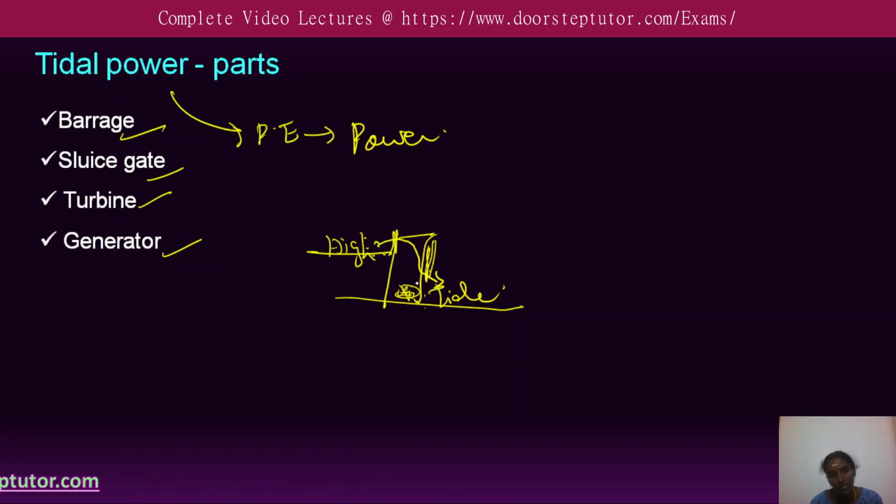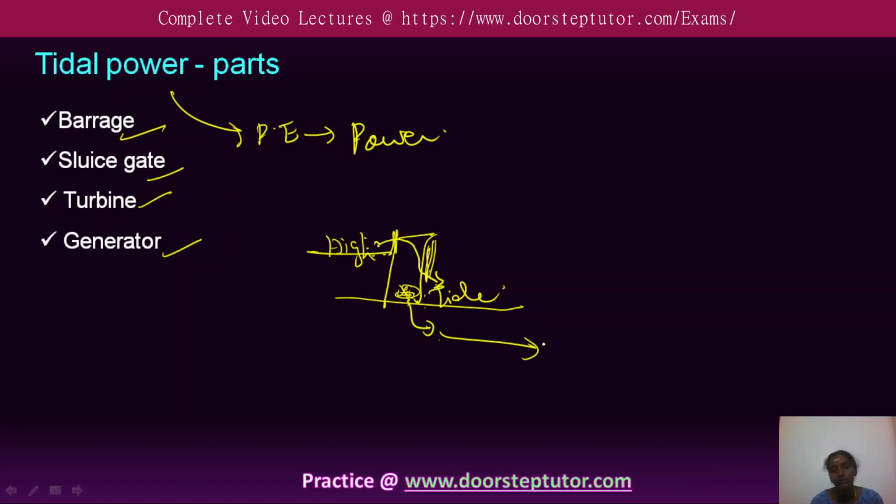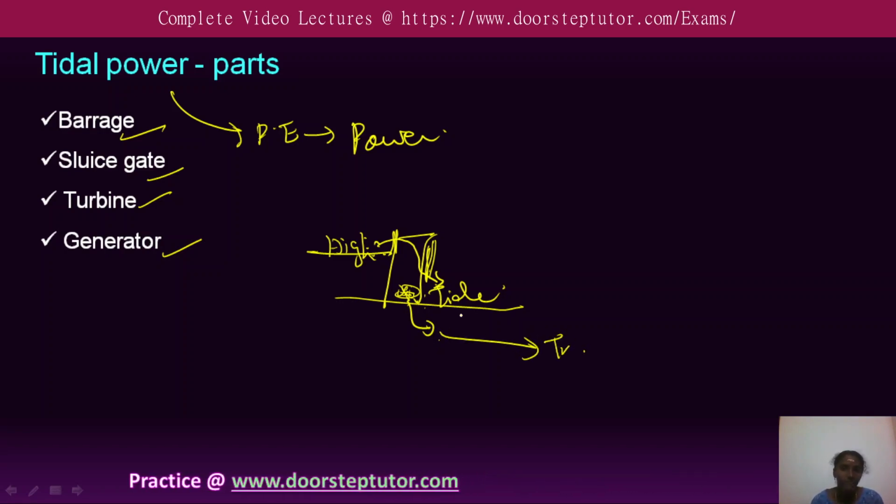The potential energy is converted into mechanical energy, the turbine converts the mechanical energy into electrical energy, and then it is transmitted to the distribution lines.